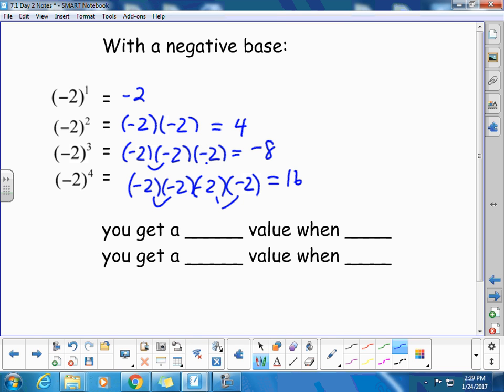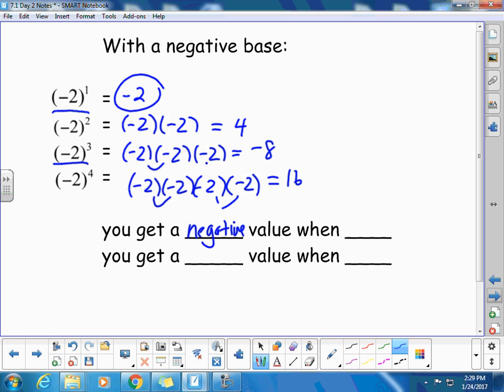So you'll see when you get a negative value when raised to an odd exponent. Let's look at this first one, a negative value, because that's negative. When do we get the negative? Right here, 1 and 3.